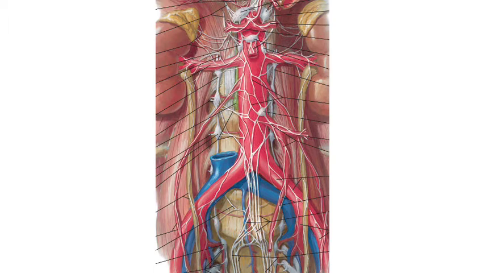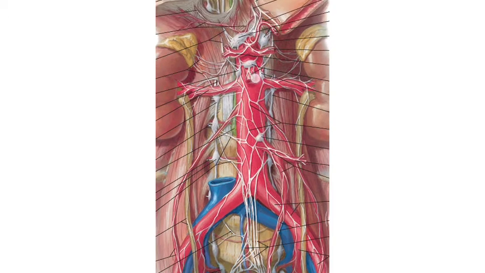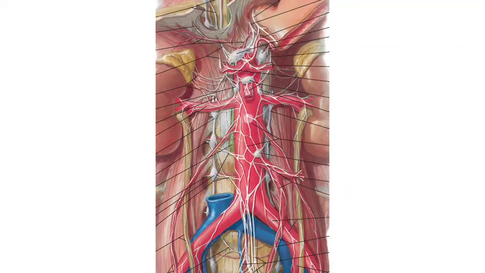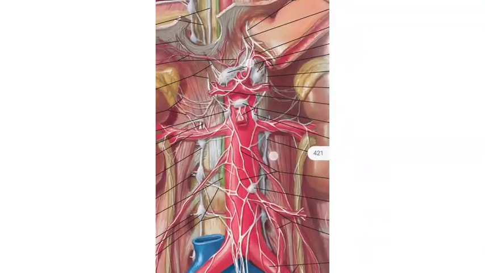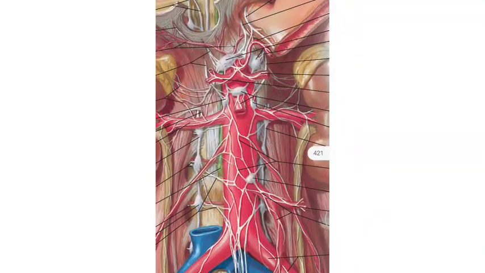For a better understanding, I will tell the position of the plexus now. This is the abdominal aorta, which is very much visible over here, dividing into the common iliac arteries. Around the abdominal aorta and the upper part, this much region will be the position of the coeliac plexus.